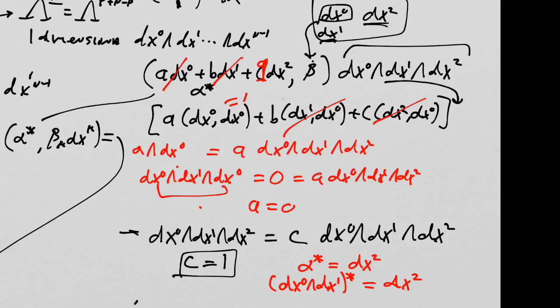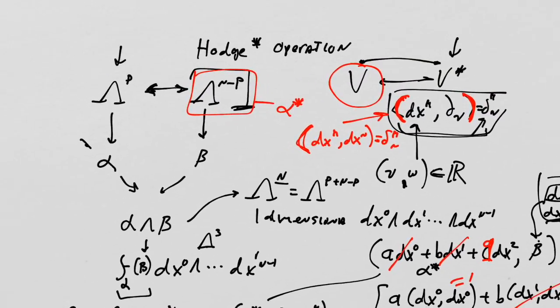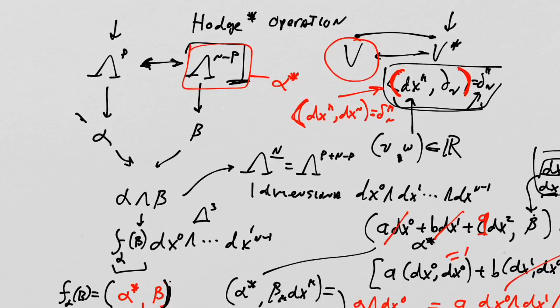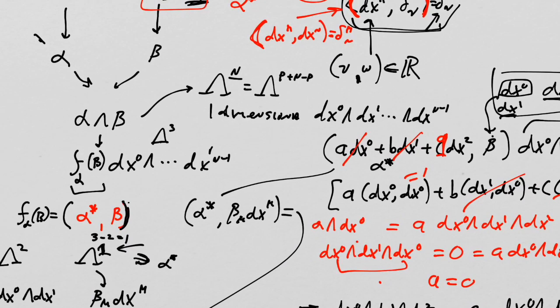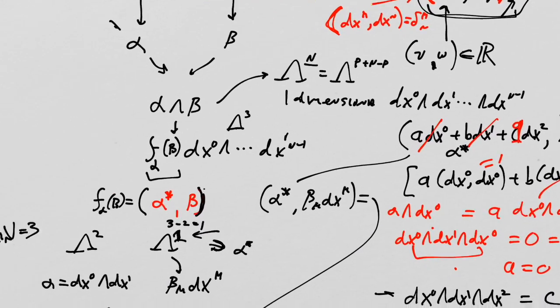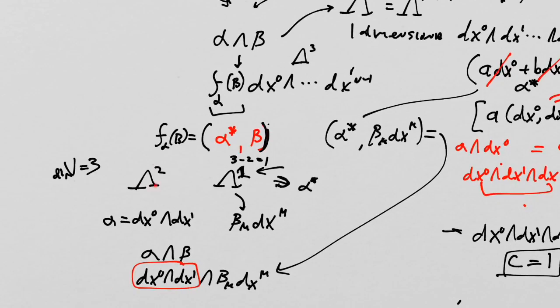I've demonstrated this notion of the Hodge star operator, which in summary links every member of the pth exterior power to the n minus pth exterior power by exploiting the inner product on the underlying vector space, in the case I demonstrated, from the second exterior power to the first exterior power.